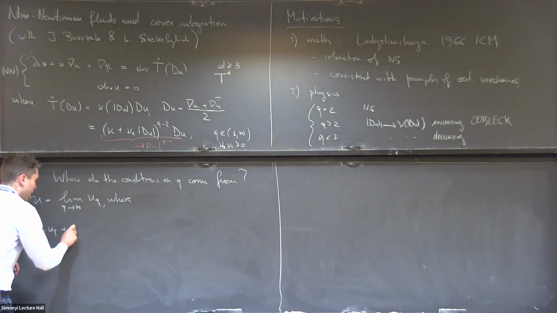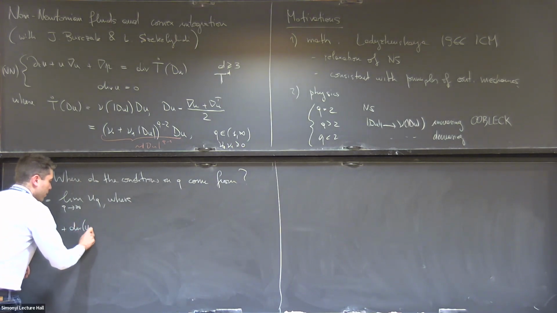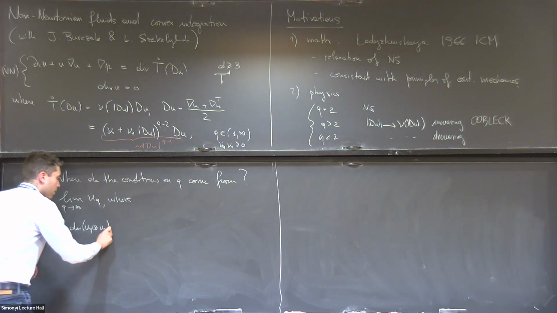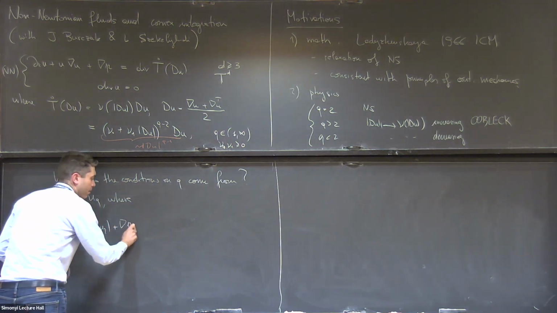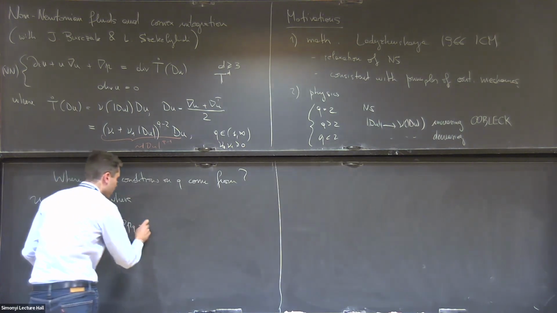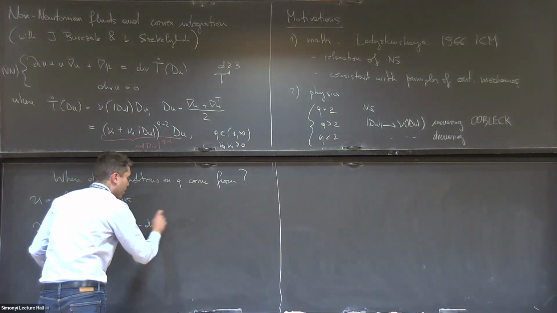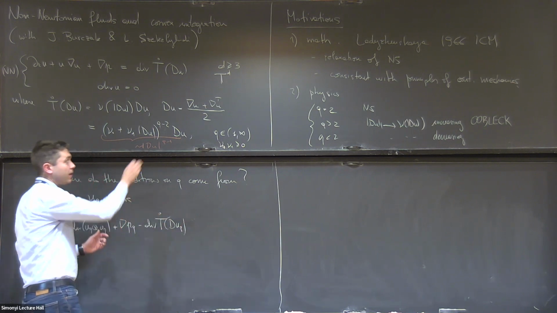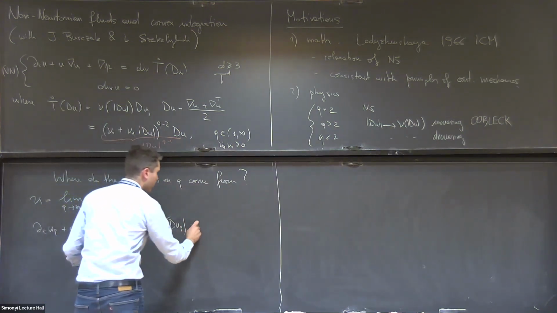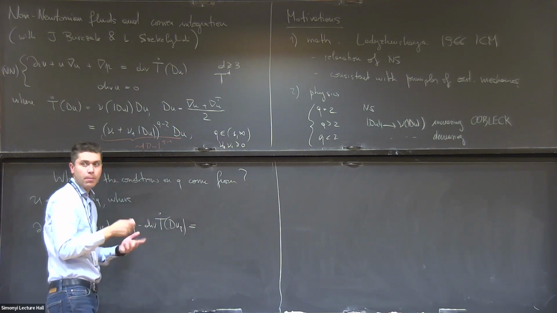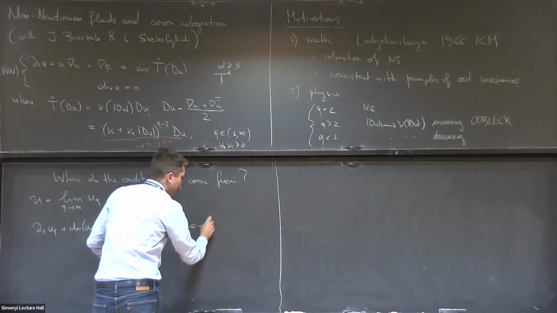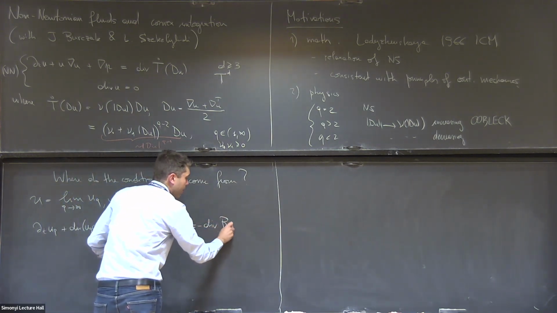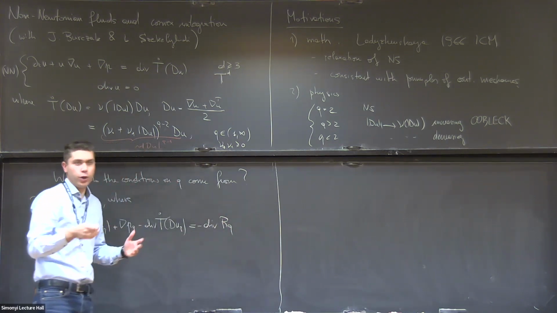Which means that this U_q satisfies essentially what? dt U_q plus divergence of U_q tensor U_q plus gradient of some associated pressure, P_q, minus, in our case, the divergence of this T dot of DU_q, our non-Newtonian shear stress tensor. And here we don't have zero, but we have an error, which one typically writes in the form of the divergence of some R_q, some Reynolds stress.